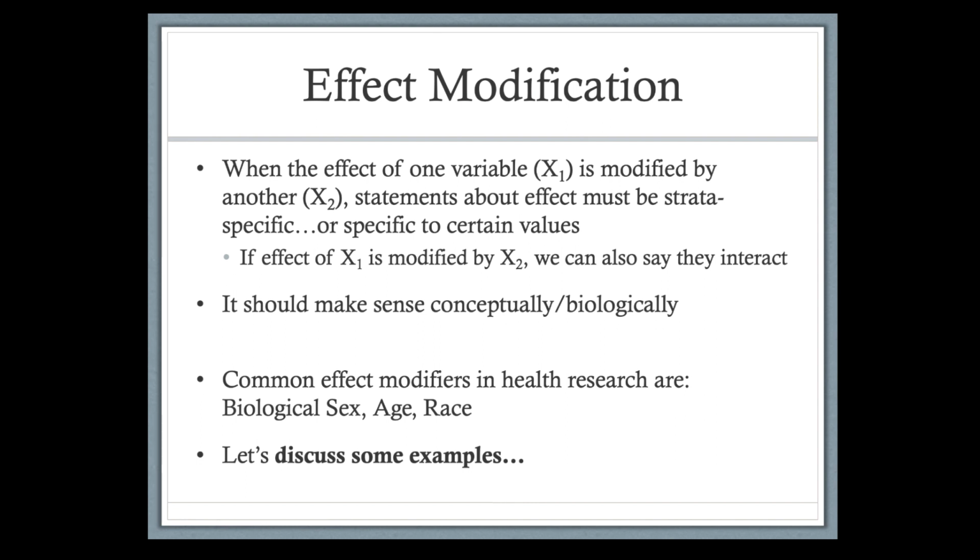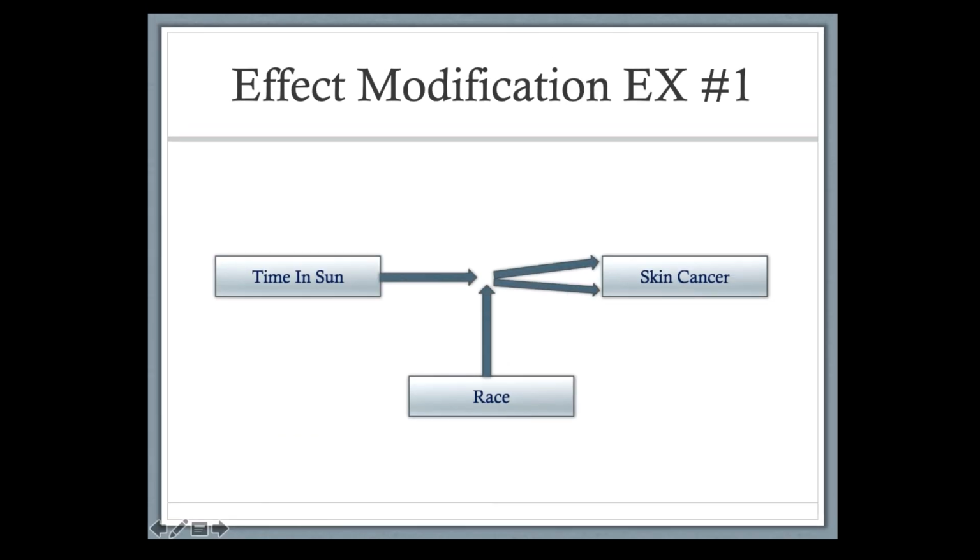So let's take a look at a few examples and discuss these a bit more. The first example we'll look at is supposing we want to estimate what effect the time spent in the sun, let's say without sunscreen on, has on the risk of skin cancer. So every additional hour you spend in the sun, what does that do to your risk of skin cancer?